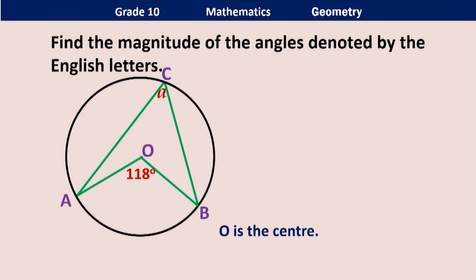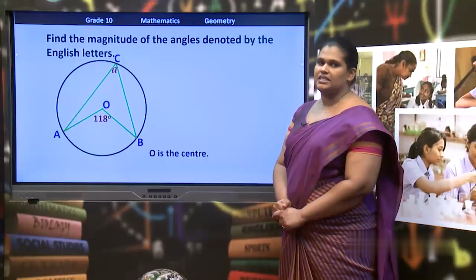I have just taken a part of this diagram. Now, here I can see AOB angle is equal to 118 degrees, and I can observe AOB is the angle subtended by the minor arc AB at the center of the circle, and at the same time I can observe ACB is the angle subtended by the same minor arc AB at the remaining part of the circle.